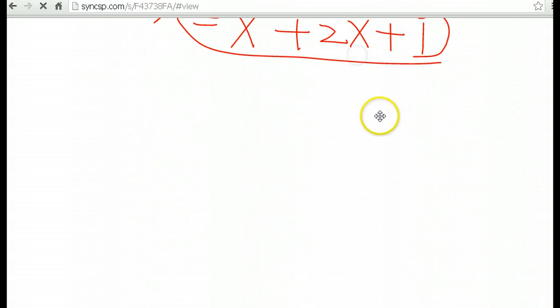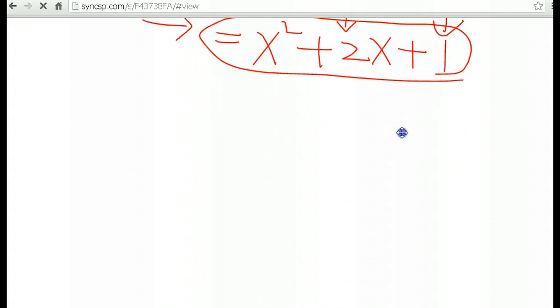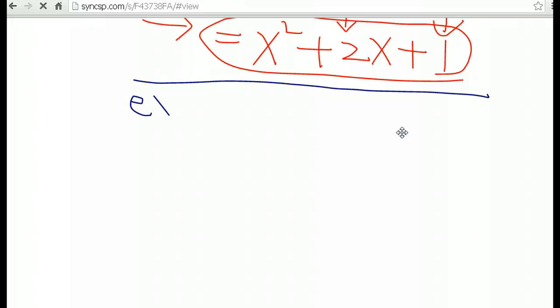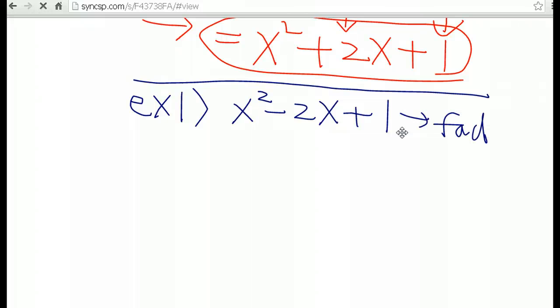Now we are going to move to the next example. For the next example, I'm going to change the color. Example 2. So if you have x squared minus 2x plus 1, and you are going to factorize, x multiplied by x is x squared, 1 multiplied by 1 is 1.